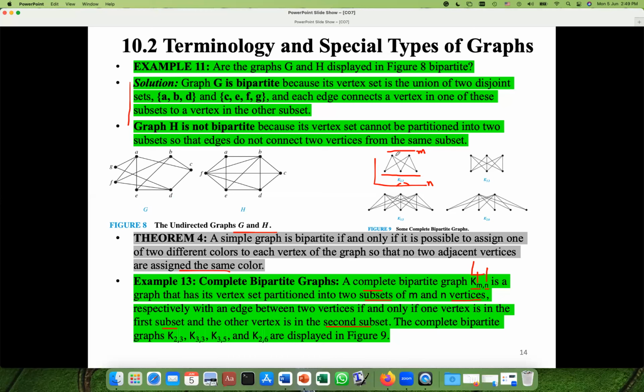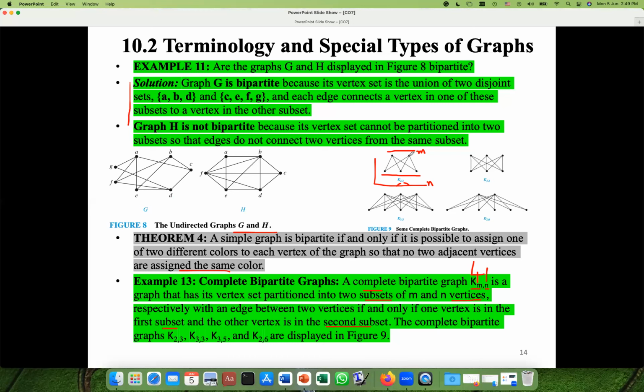But here, we are talking about two partitions. And those partitions will have their edges complete. So this is the M subset, this is the N subset. And then from this vertex, you will have an edge to all other vertices in the other subset.